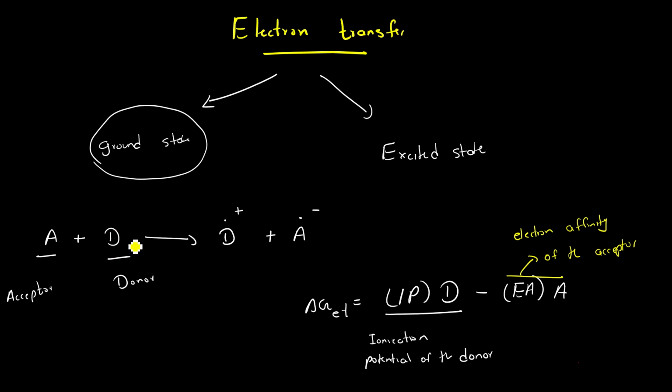Now donor has to remove its electron in order to give it away. So what is the possibility of that particular process, whether our donor would like to lose an electron or whether it would not like to lose the electron. That particular process is represented in here. So based on these two energy differences, we can obtain the delta G or the Gibbs free energy change. So this is for the ground state.